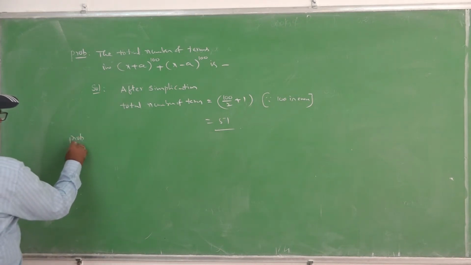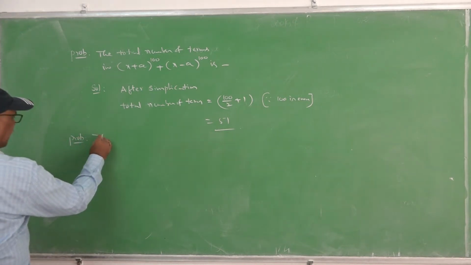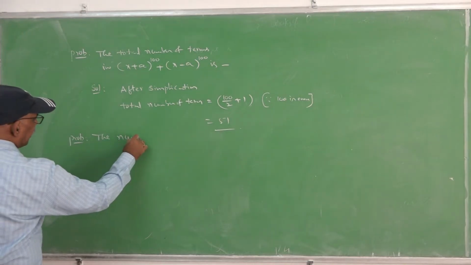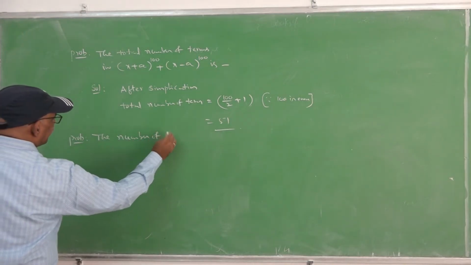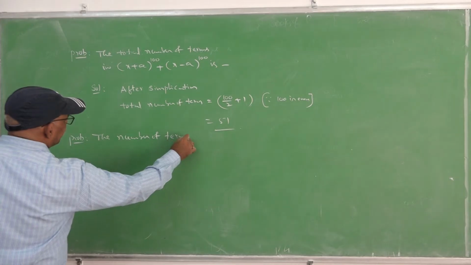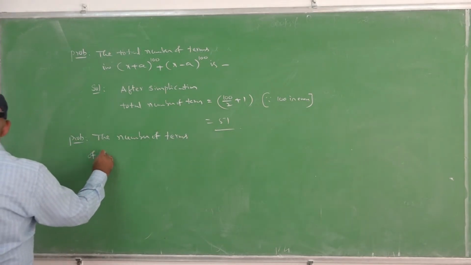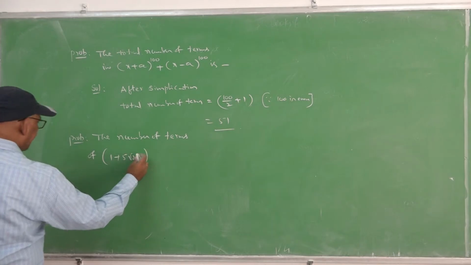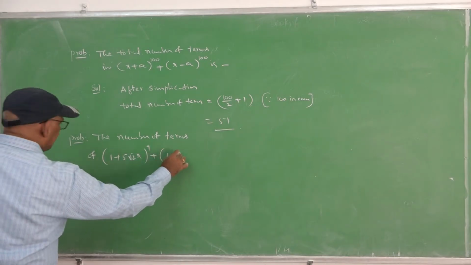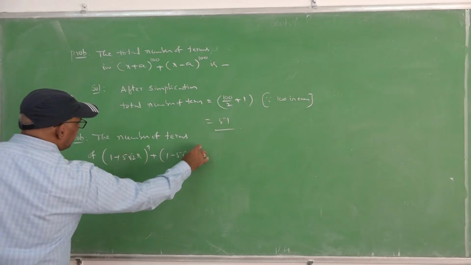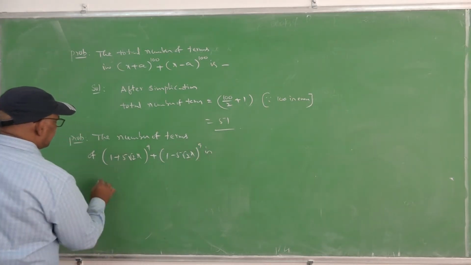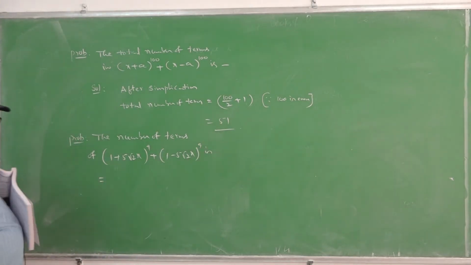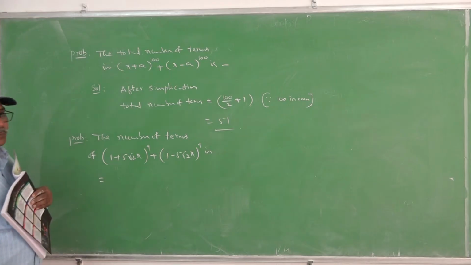Another one: the number of terms of (1 + 5√2 x)^9 + (1 - 5√2 x)^9.